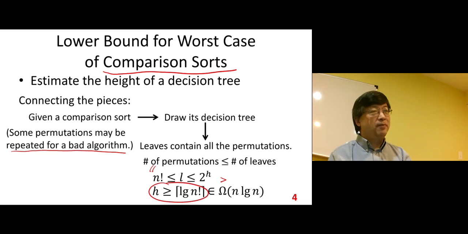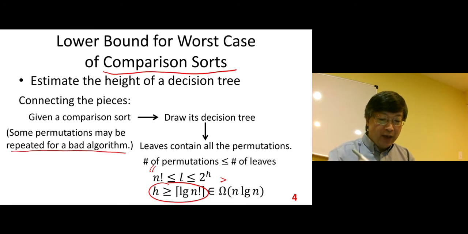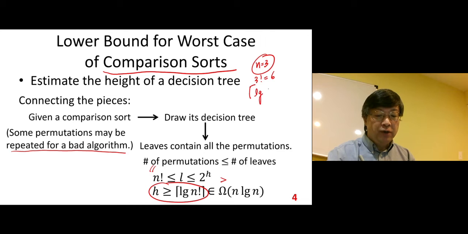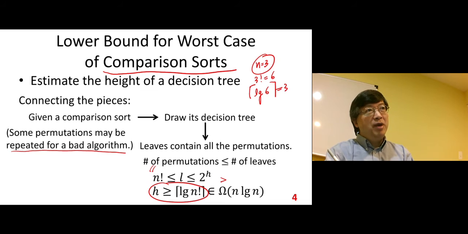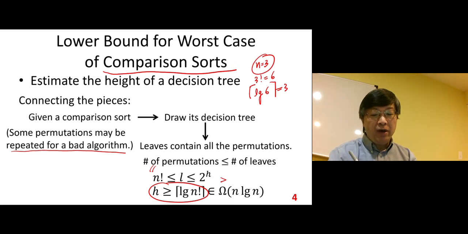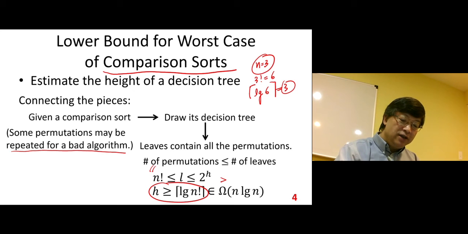First, let me try several simple examples. When n equals 3, what is 3 factorial? 6, right? What is the ceiling of log base 2 of 6? 3, right? So the best worst case you can get for any comparison sort of a 3-element array is 3. You cannot do better than 3. Let us consider n equals 4.